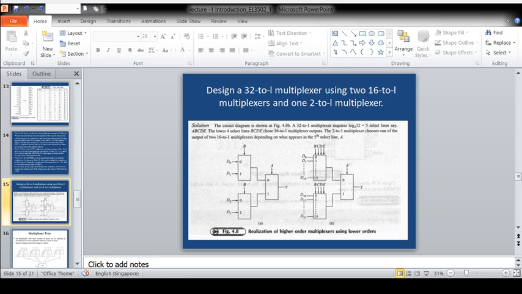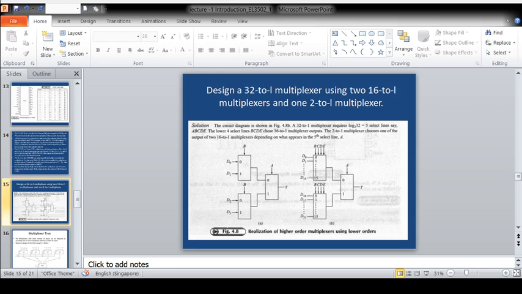Next you can see how we can prepare a higher input multiplexer from lower input multiplexers. We can design a 32 to 1 multiplexer using two 16 to 1 multiplexers and one 2 to 1 multiplexer. You can see this circuit diagram over here.